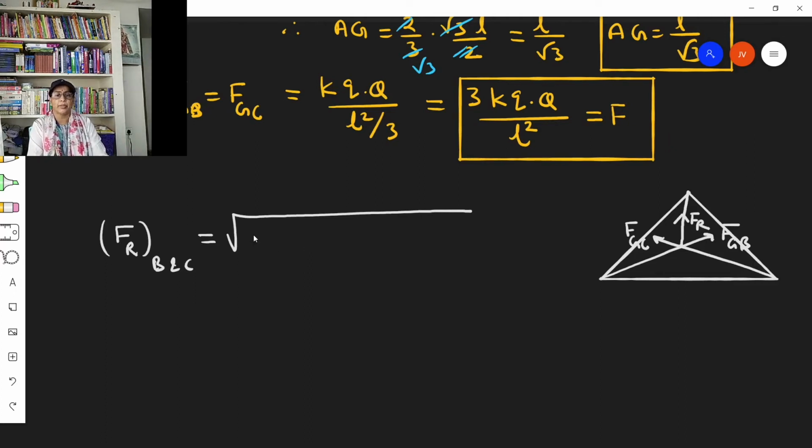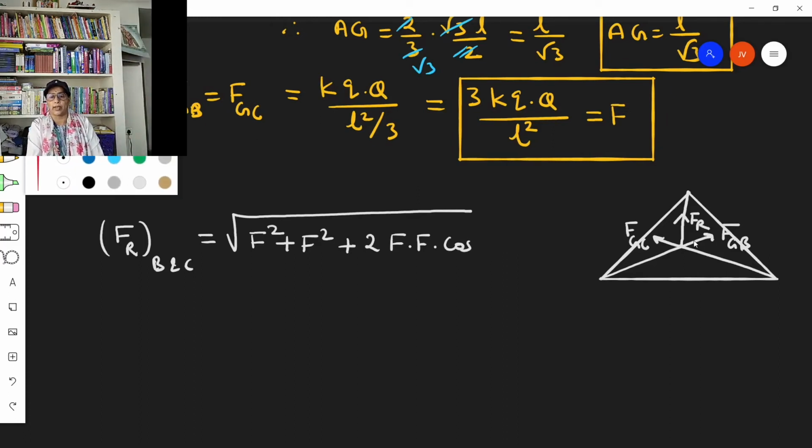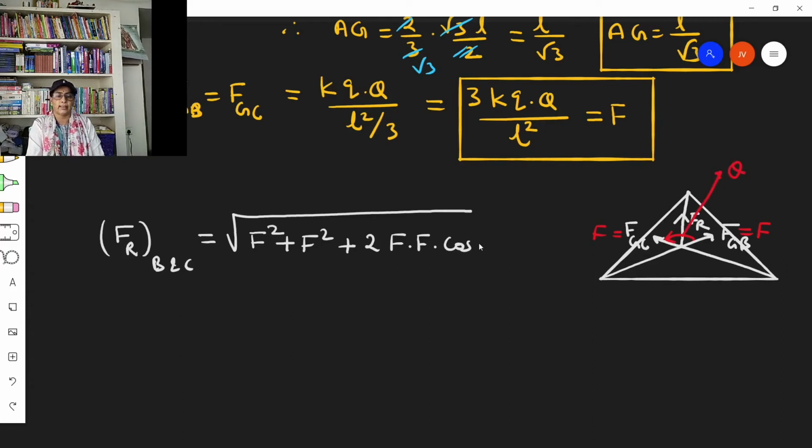Because all the three forces are F, we can write F square plus F square plus twice F into cos of angle between the two F's. What is the angle between the two F's? This angle. This is F, this is F, and angle between them, this angle is theta, and this angle is going to be 120 degrees, not 60.